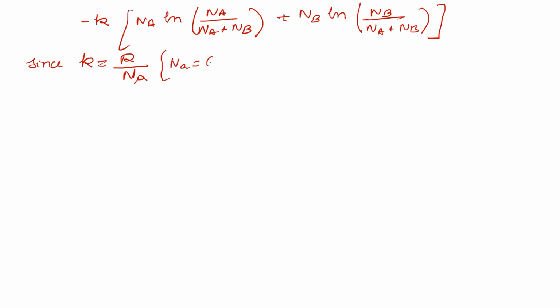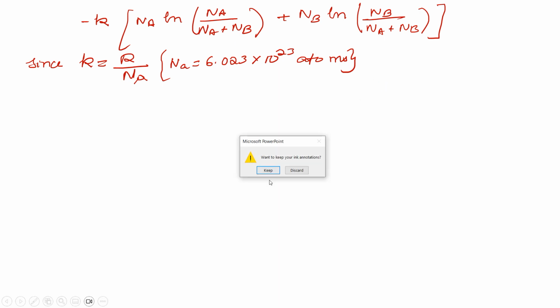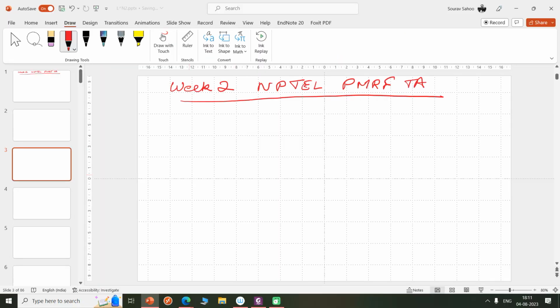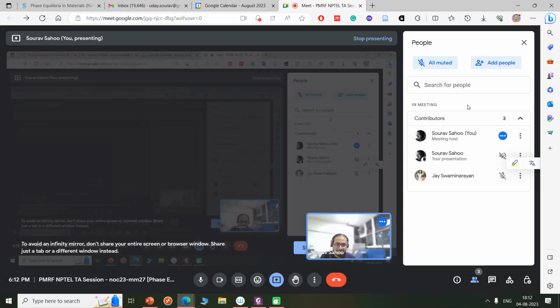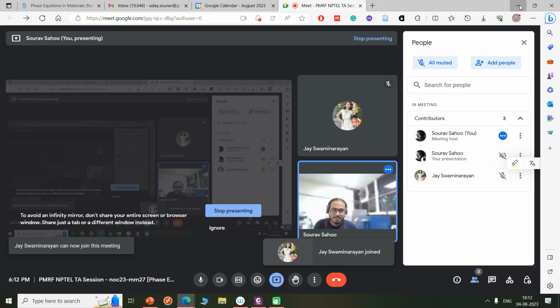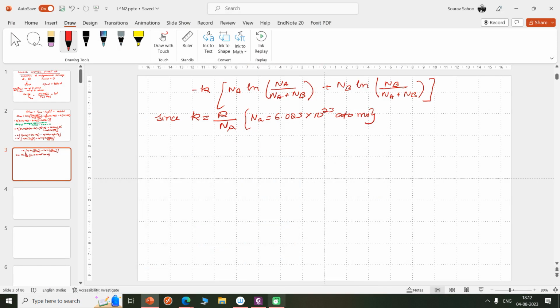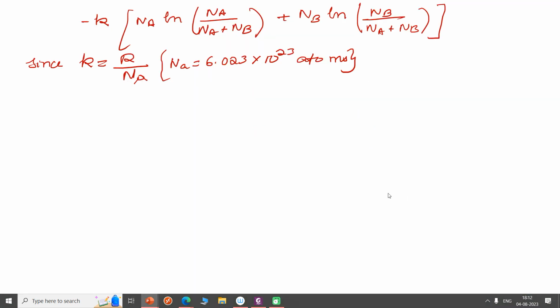N is equal to 6.023 10 to 23 atoms. So we just evaluate the value of k here.